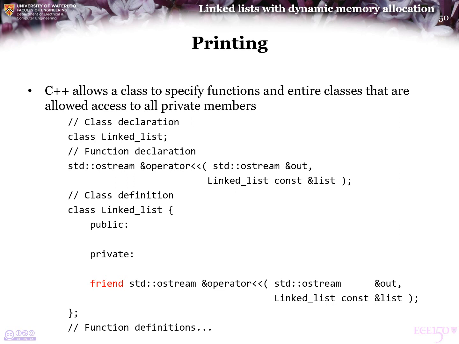However, if you happen to be listed as a friend in the class, then this function, for example, can actually access the member variables of instances of this class. All right, some of you who understand object-oriented programming, especially from languages such as Java, you might find this abhorrent. But this is not an unreasonable solution.